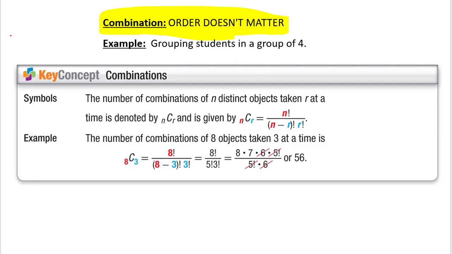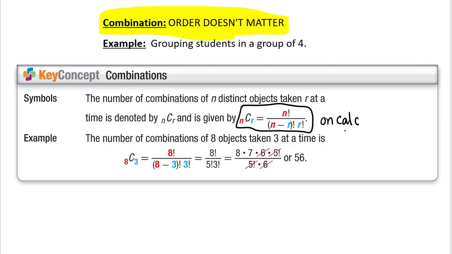It doesn't matter. So the number of combinations is given, again, by this formula. You're welcome to memorize the formula. Again, remind me in class, I'll show you on your calculator how to do this.